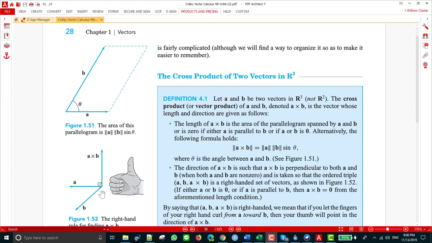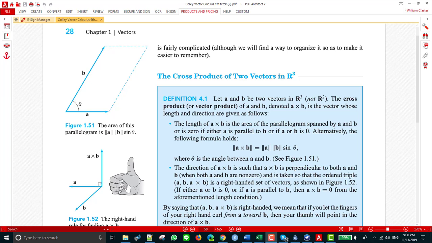First of all, which direction does it point? Well, if you're doing A cross B, by the way, that's not the same as B cross A, to know the direction, you take your right hand. You have to do this with your right hand.